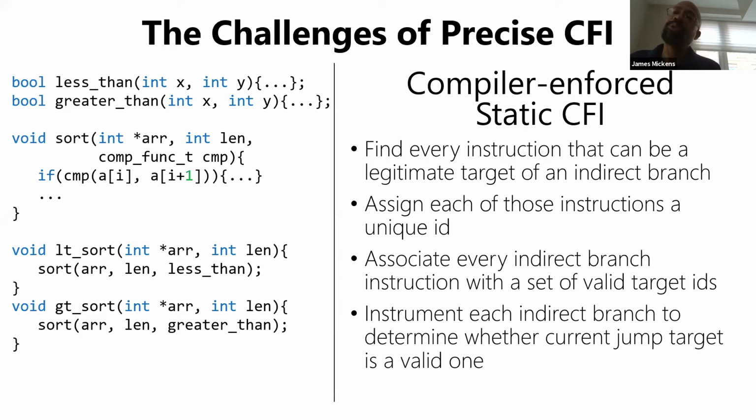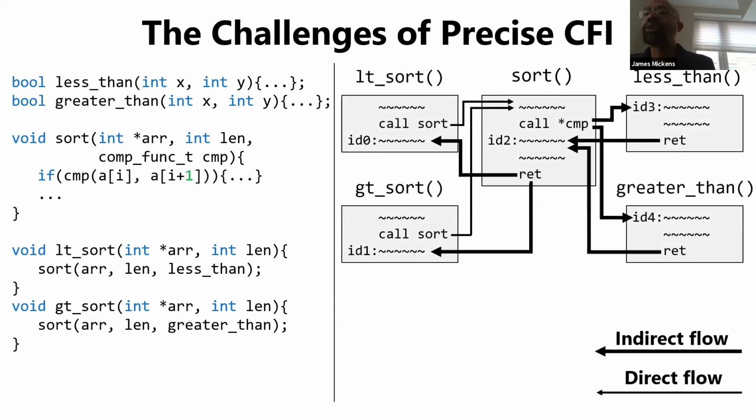The compiler will then instrument every indirect branch to determine whether the current jump target is a valid one. So in other words, the compiler will inject new instructions that the developer didn't put there that are going to essentially introspect the jump target and say, hey, does this jump target fall in the valid set of target IDs?